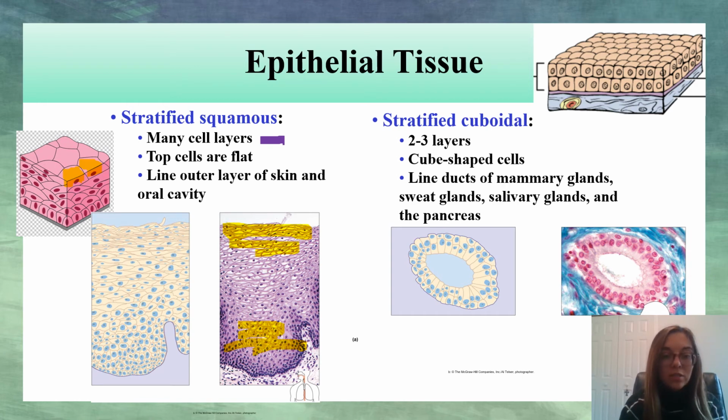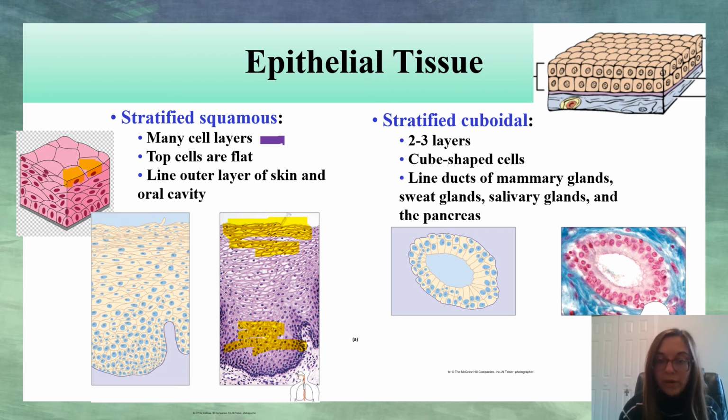That's stratified squamous. Since they are many cell layers, that adds a lot of protection, so it makes sense that they line outer layers of the skin and oral cavities. If these layers break down at the top, the lower layers are still there and they can repair those cells quickly.